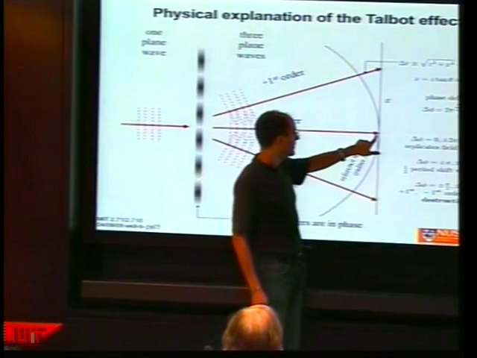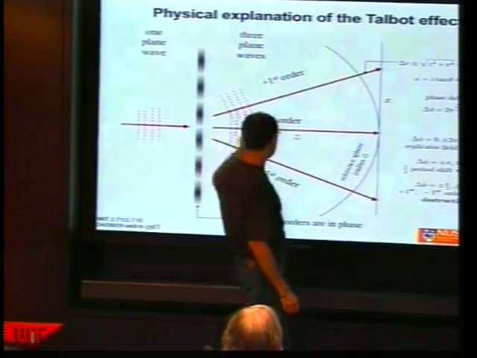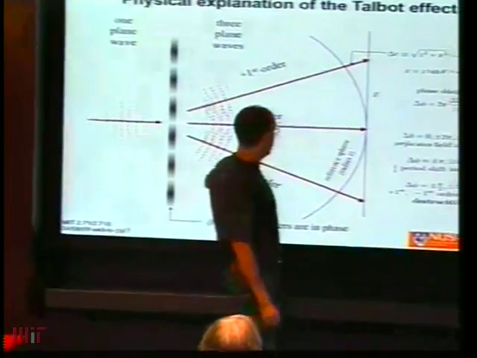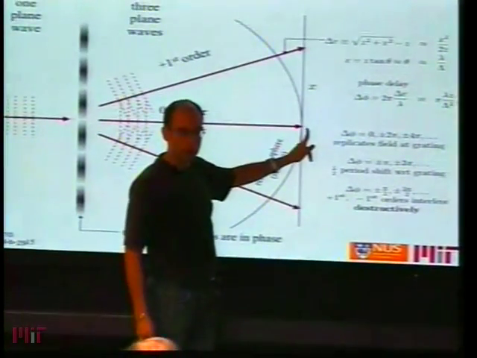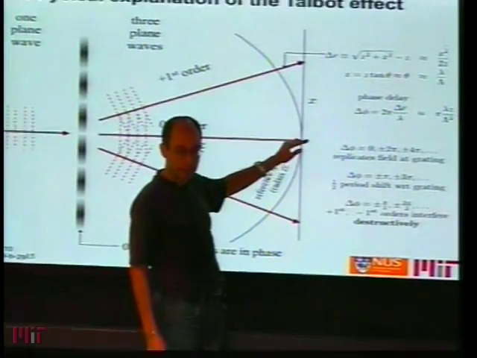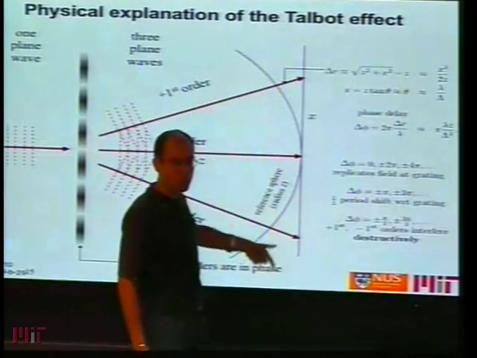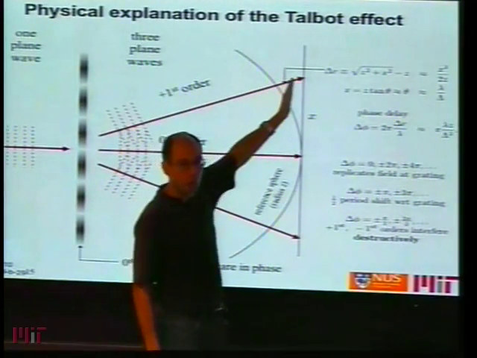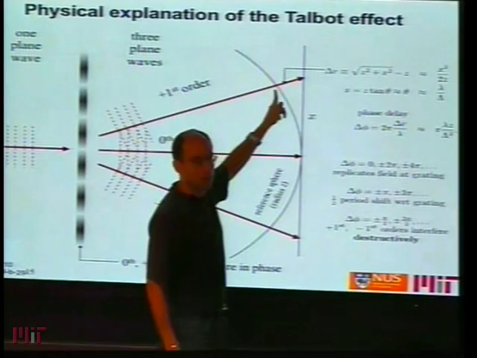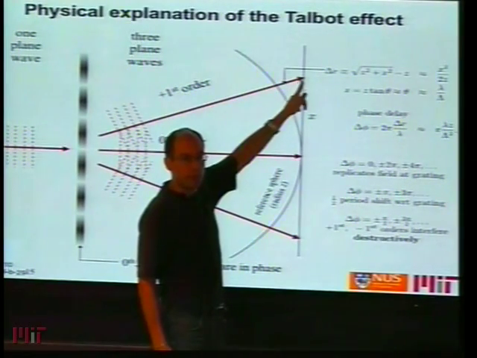So if I center this plane at a distance z from the axis, then the central order that propagates on axis sustains a certain phase delay, but you can see that the +1 and -1 orders propagate a longer distance from the grating to the plane. And you can calculate this distance.